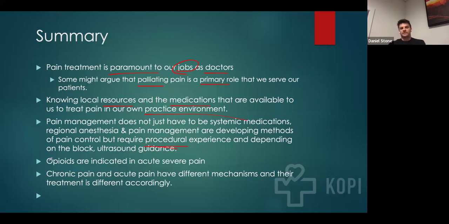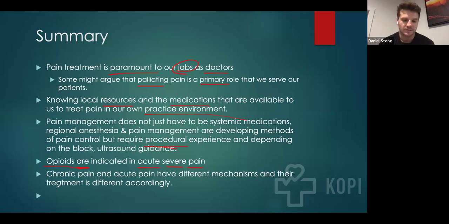I want you to remember that opioids, it's not just my opinion, but opioids are indicated in acute severe pain. It's one of the very few indications, and acute severe pain is something that we see very often through casualty, very often in the emergency department. So it's something that should be considered.